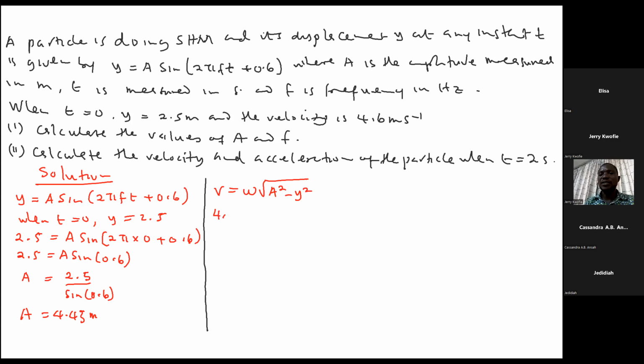This is omega root of a square, which is 4.43 square, minus the displacement that was provided, 2.5 square. Good. So you work out the value of omega and let me know that value.